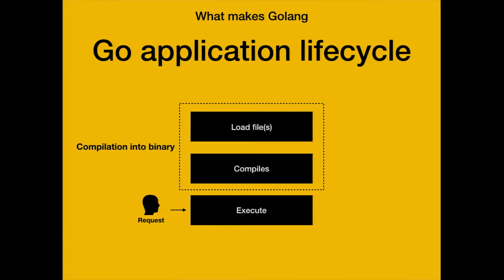When you get a request in, if you program a web server, the program is already running, so you don't lose all that bootstrapping as you do in PHP. The request is directly handled, and then it comes to a response. There's a bit of a difference, and this is very much simplified. There's a lot of technical stuff under the hood for both Golang and PHP, but this is the biggest difference that's most interesting to you, I think.